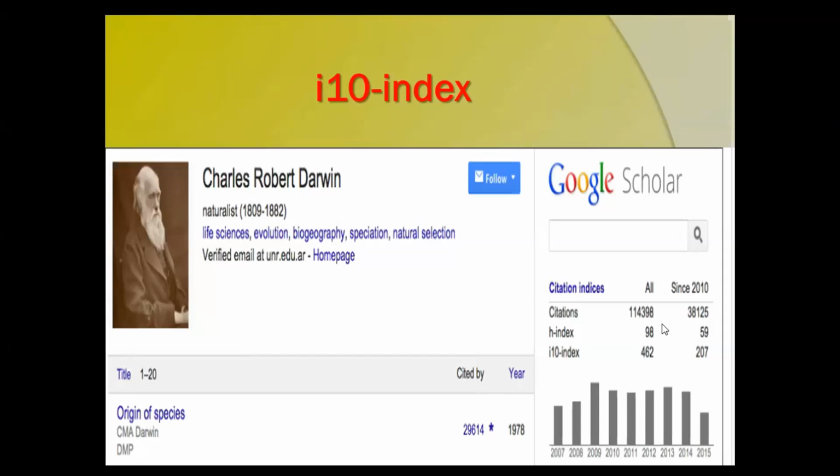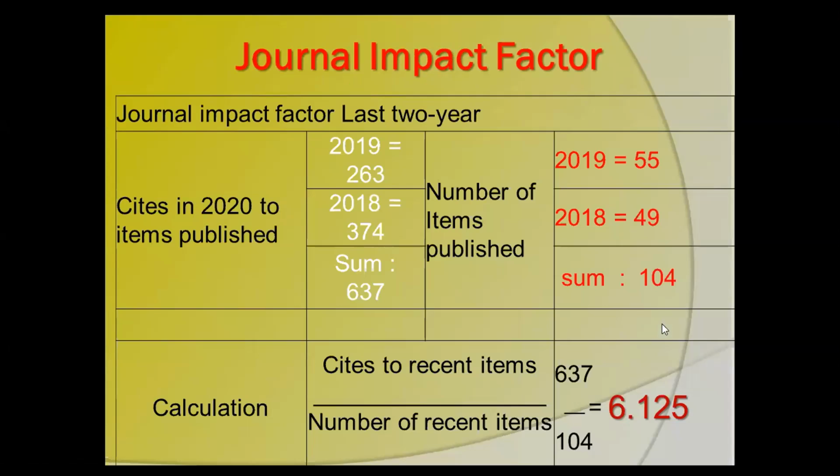The journal impact factor: I have calculated here for the last 2 years. The items published in 2022: 2019 has 263, 2018 has 374. The total number of publications in the 2 years is 637.